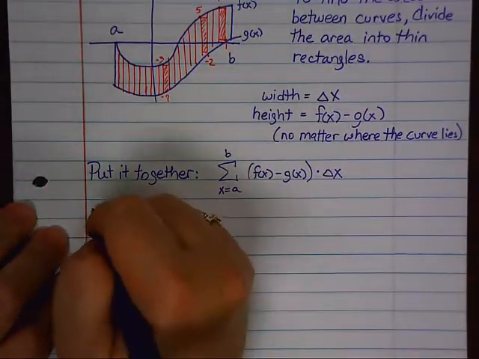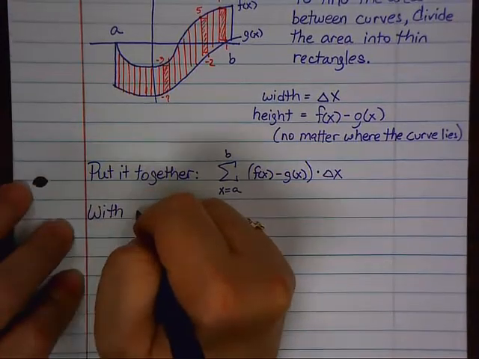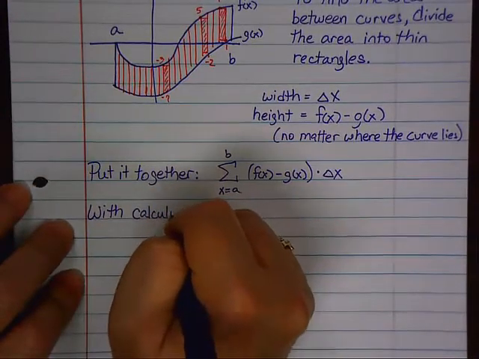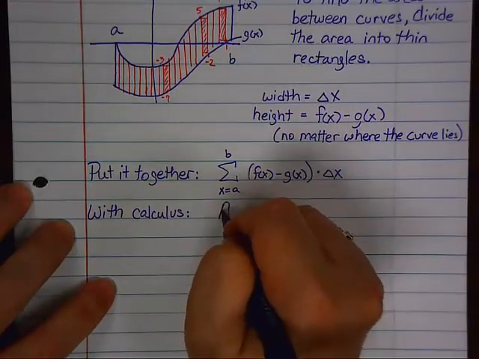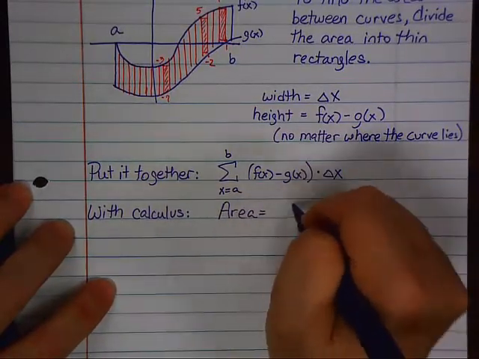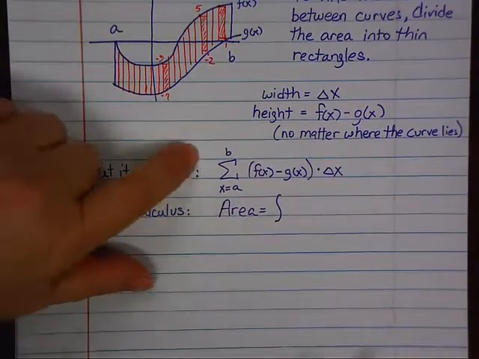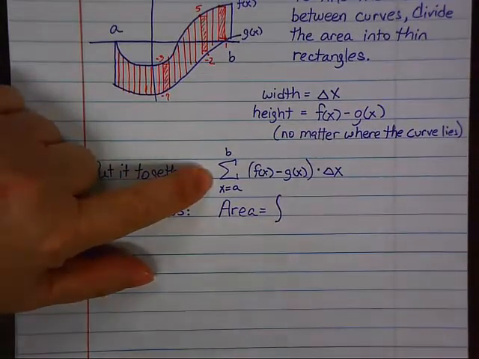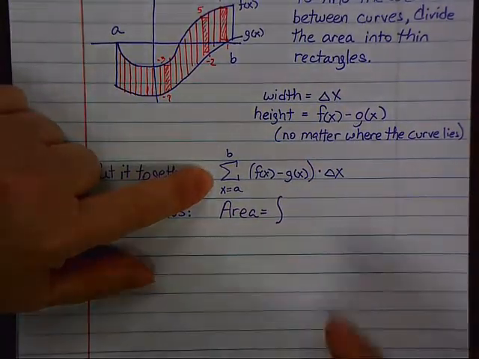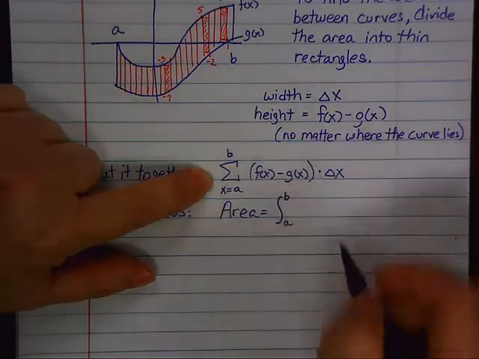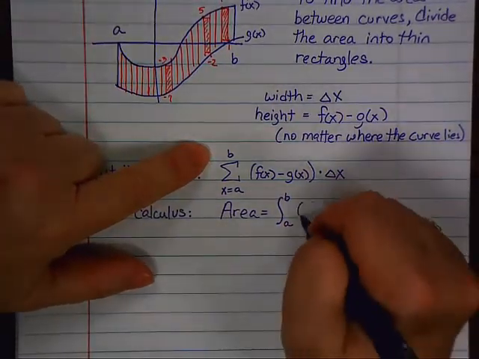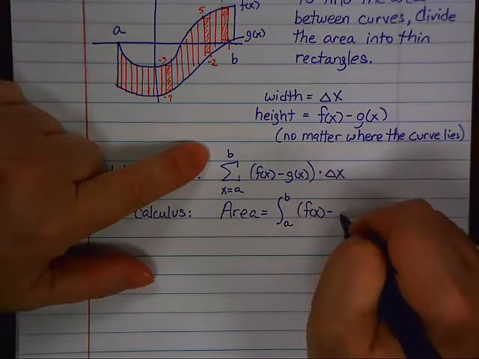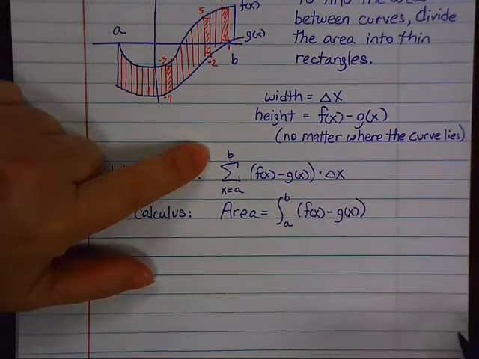Okay, so with calculus, which takes into account all those little pieces we had to cut off, the area is equal to the integral, which is the sigma stretched out into an S, from A to B, that's because there's an A on the bottom and a B on the top, of f of x minus g of x.